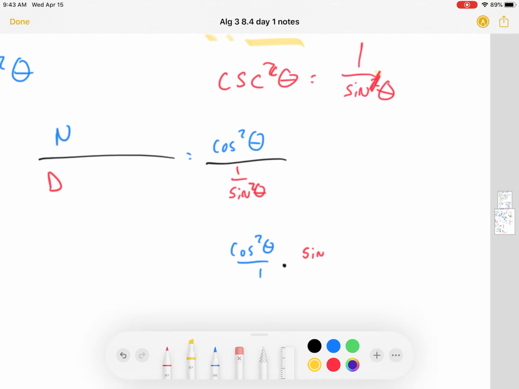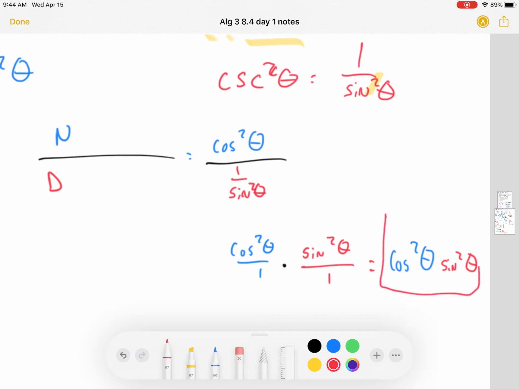I forgot to write the squared initially. So I flipped the denominator, 1 over sine squared theta, to be sine squared theta over 1. Now I just multiply these two together, and I get cosine squared theta times sine squared theta. And that is it.